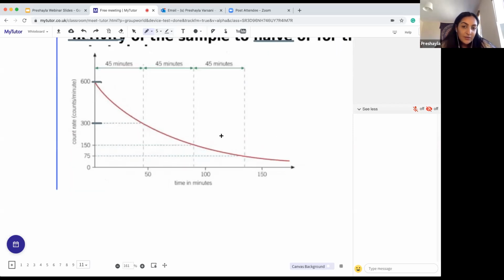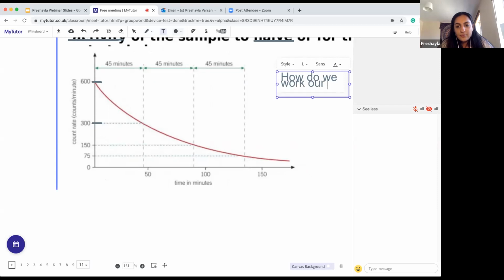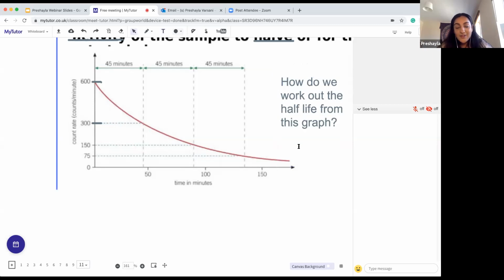How can we tell the half-life from this graph? How do we work out the half-life from this graph? So remember, the half-life is the time that it takes for the count rate to halve.